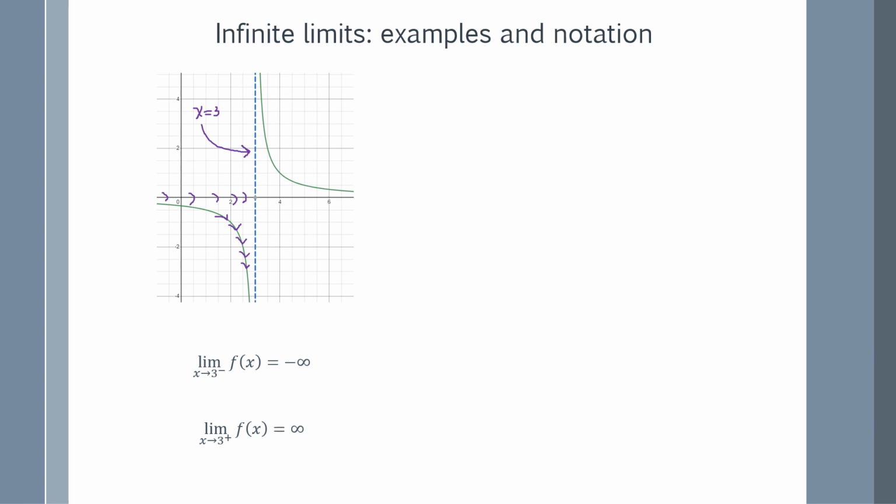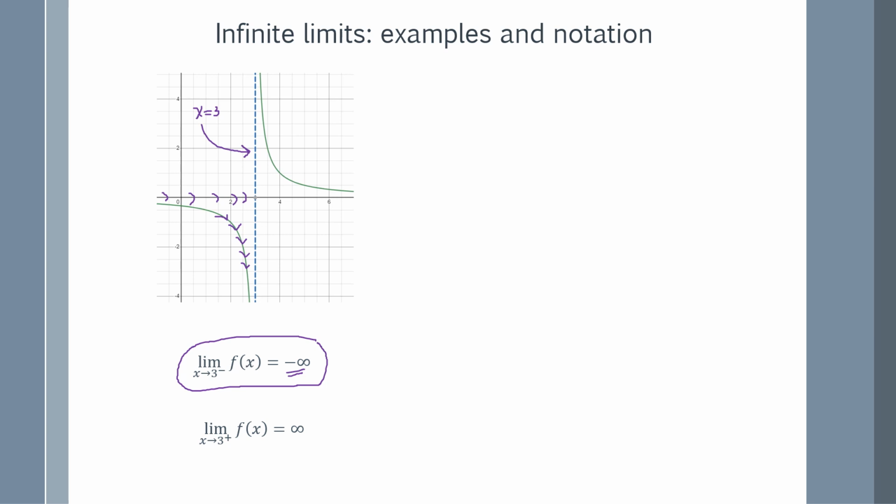Notation wise, we would say the left limit, so as x goes to 3 from the left of our function f, is negative infinity. Now this is not a number, right? There's no such number as negative infinity. This is just saying something about the behavior of the function. The negative infinity represents the branch that's going down, and infinitely down, down, down it goes.